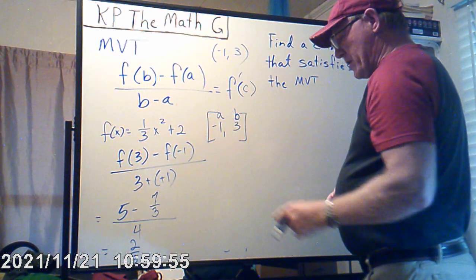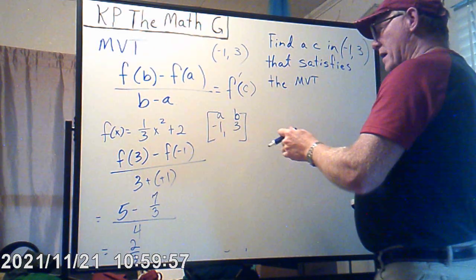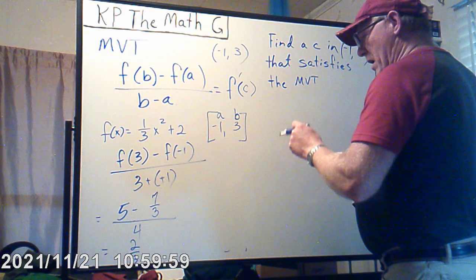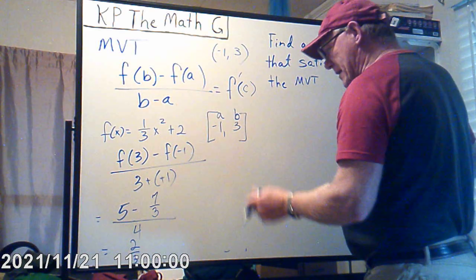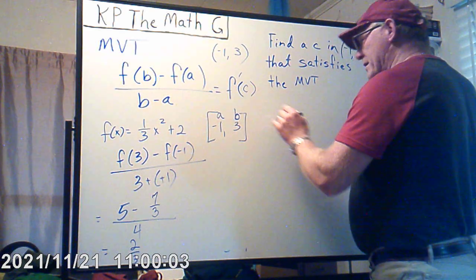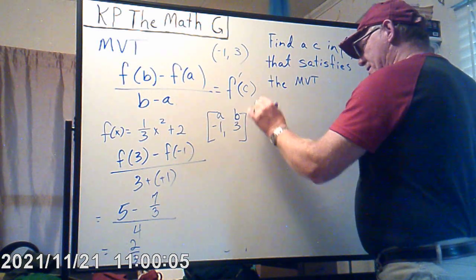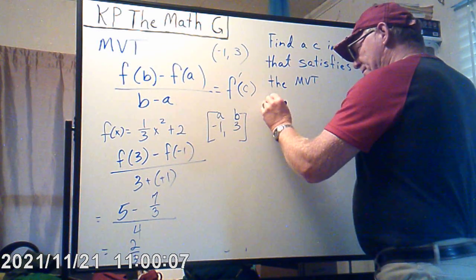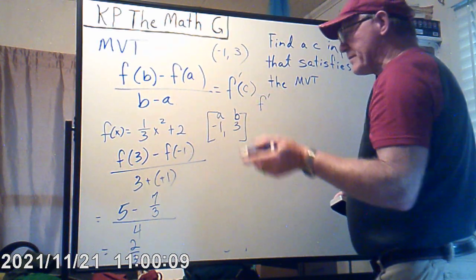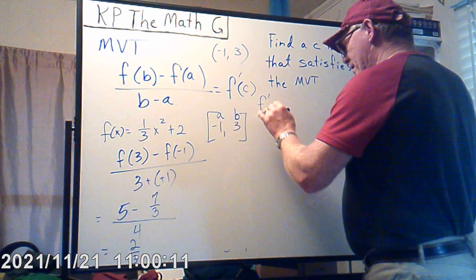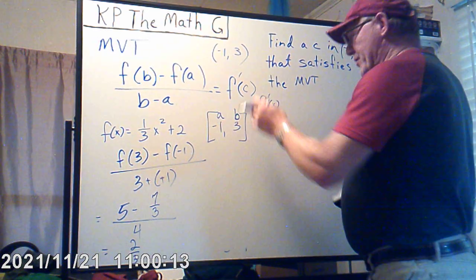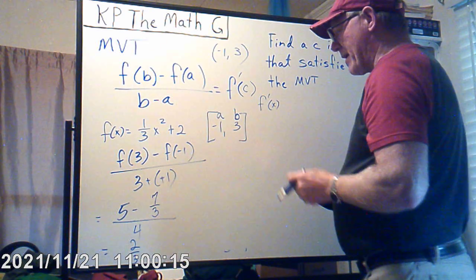Okay, so 2/3. Now f prime at c, let's find that. We're going to find f prime at x, and we'll substitute c in place of that.